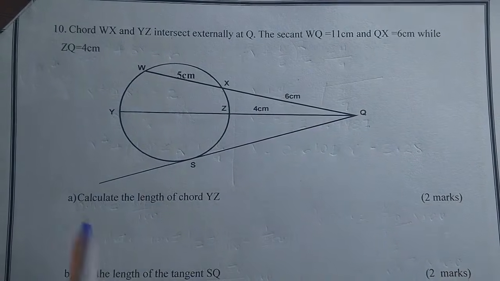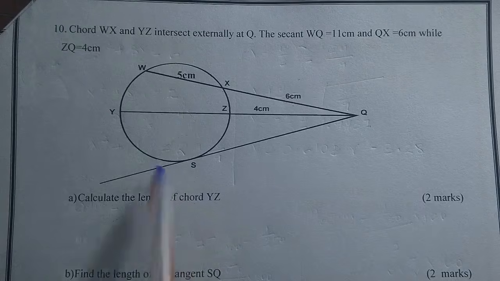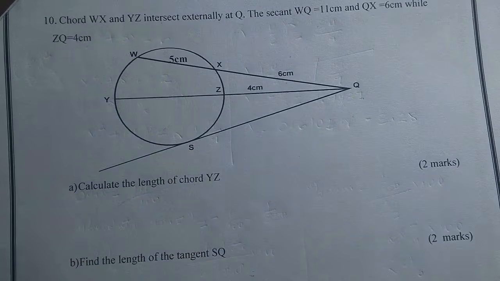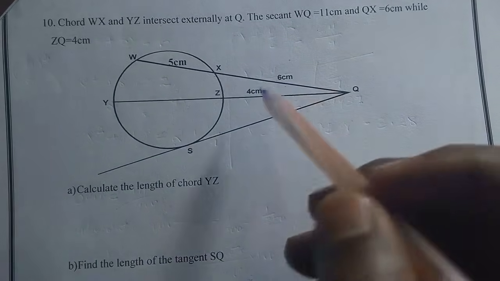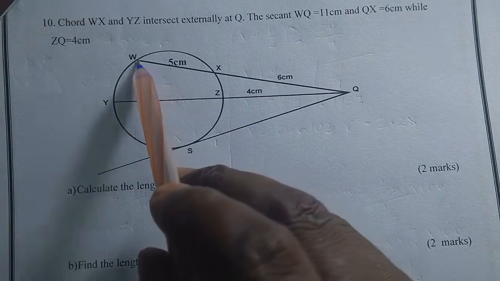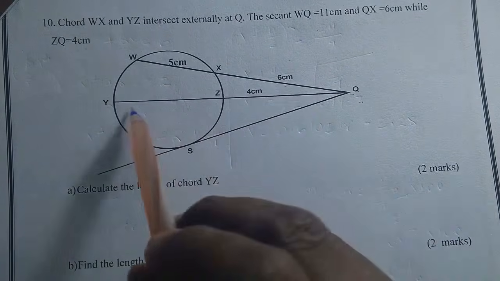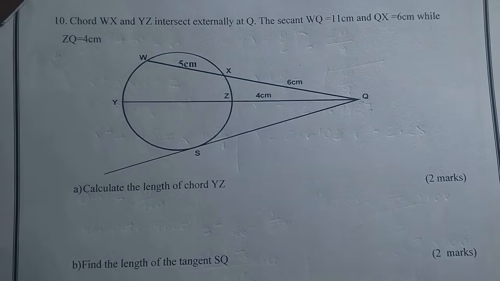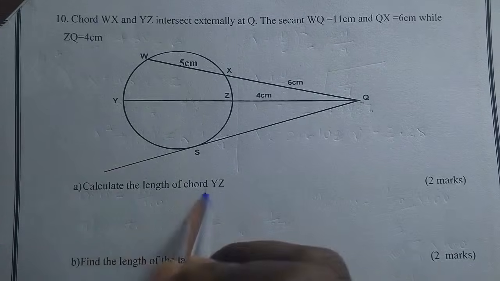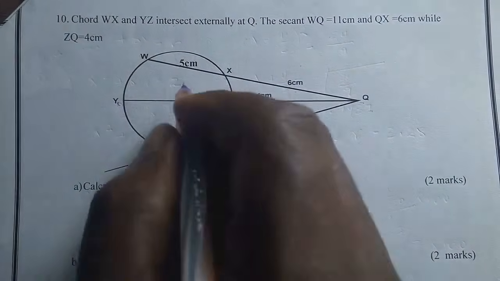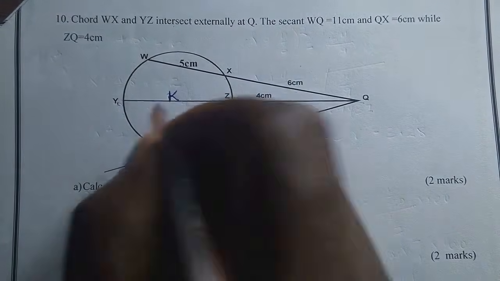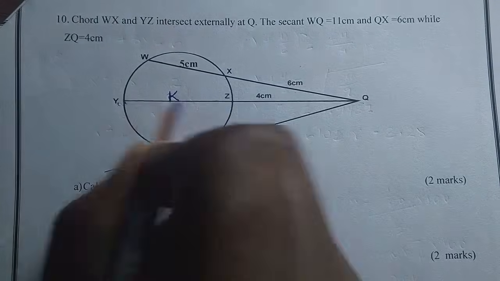Calculate the length of the chord YZ. But remember, when we have chords meeting this way, you should be able to know the formulas for each. So YZ, let me give it a name, K. So the distance from here up to here is K.